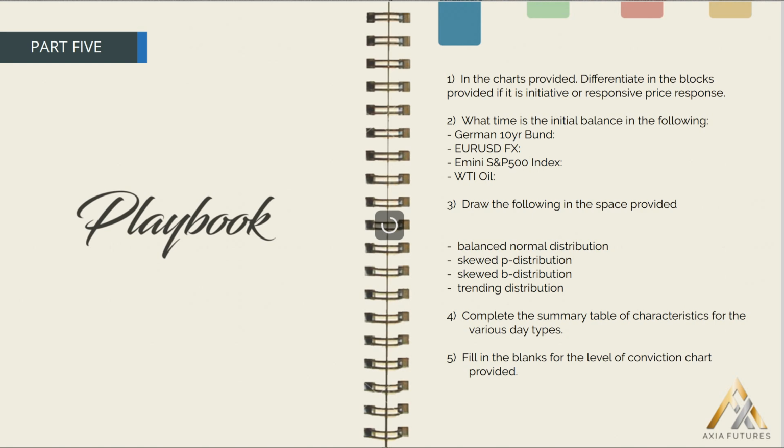It's time for another playbook entry, so let's look at what's expected of you in part 5's playbook. Firstly, in your playbook, in the charts provided, differentiate in the blocks provided if it's initiative or responsive price response. Then, what time is the initial balance in the following markets?